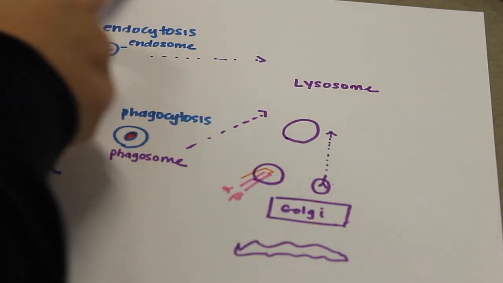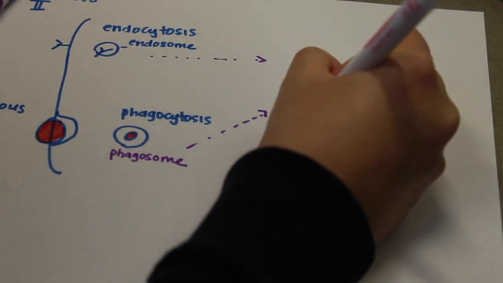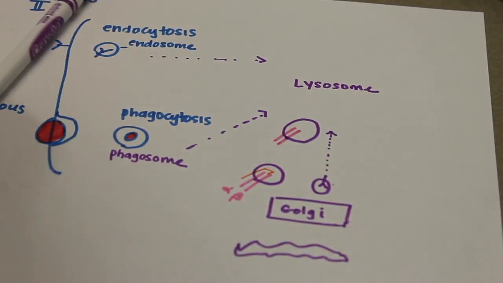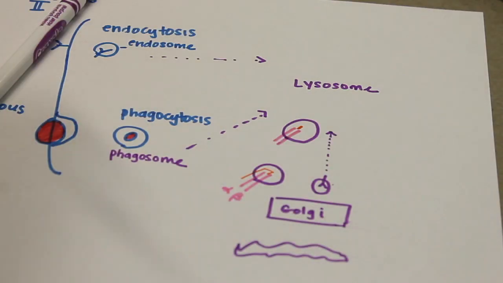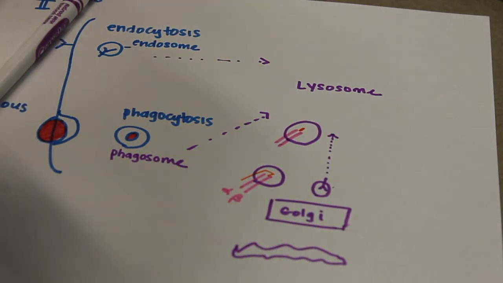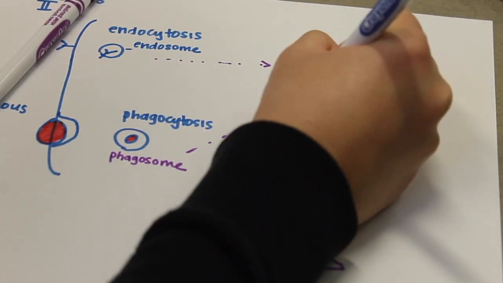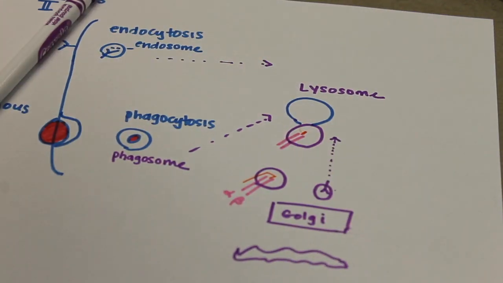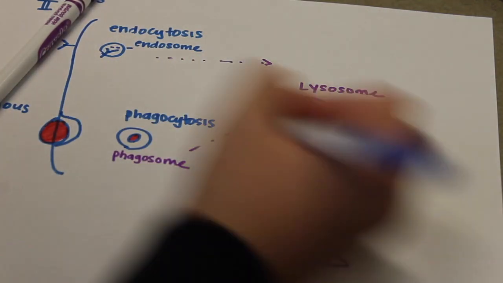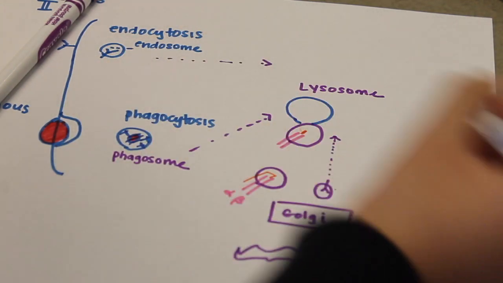So here's our alpha and beta chain, and then we're left with CLIP in here. And at the same time, this is fusing now with this chewed up material, either in this case some antigen that was picked up by a receptor or some of this pathogen that got chewed up into bits by the lysosome.